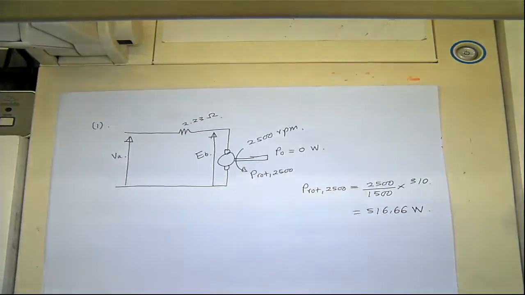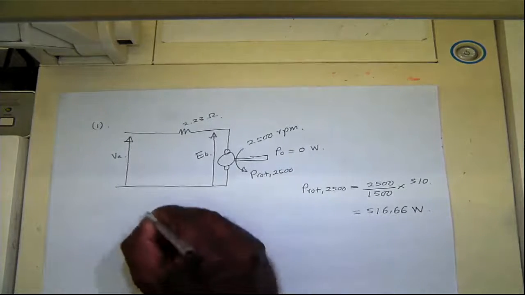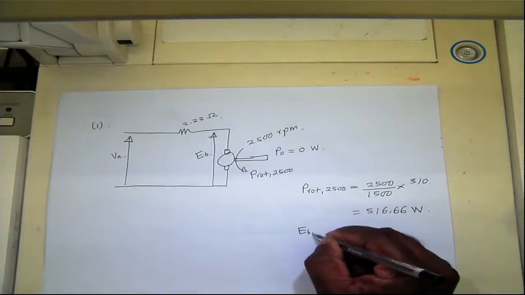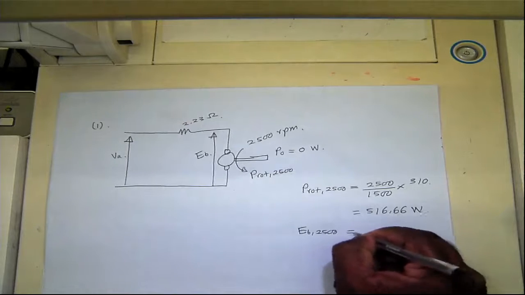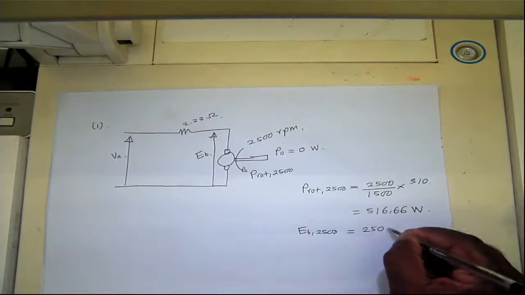Now the back EMF. The field current is not changed in this part, so the new EB at 2500 RPM can again be scaled linearly with speed.